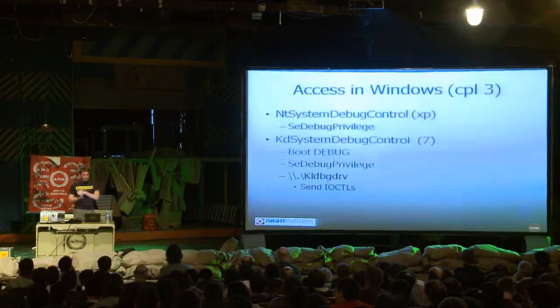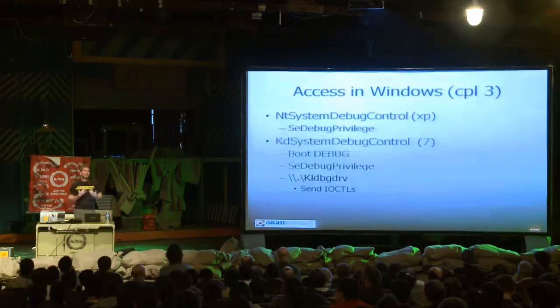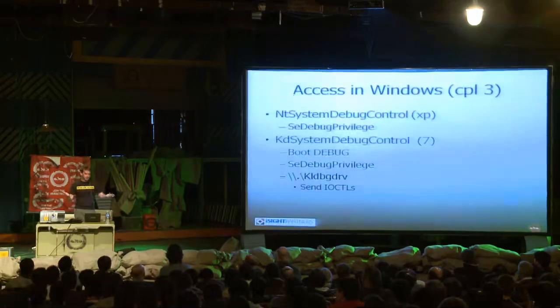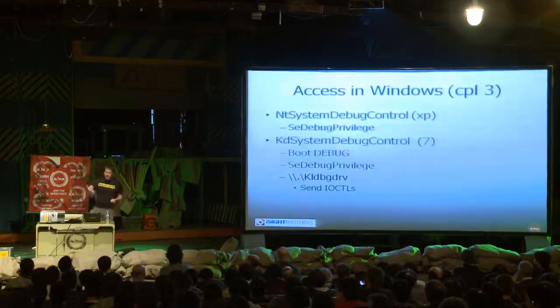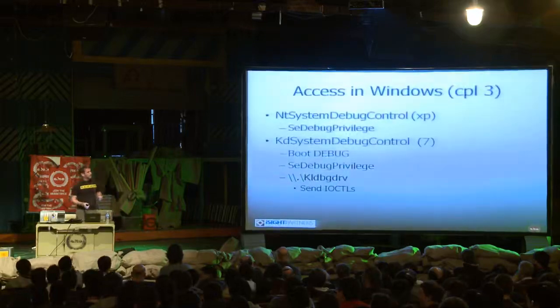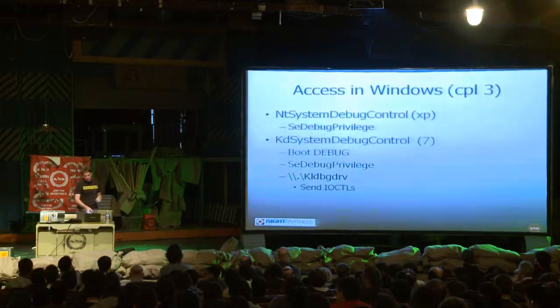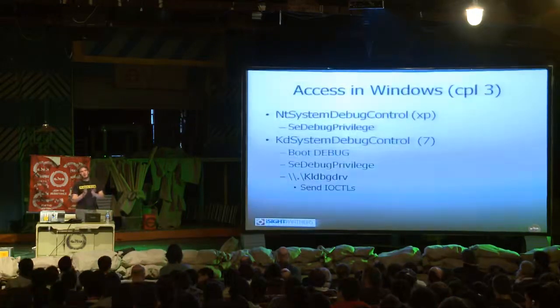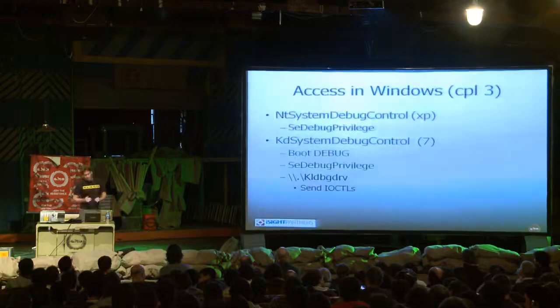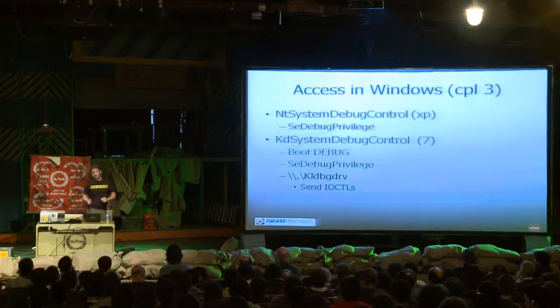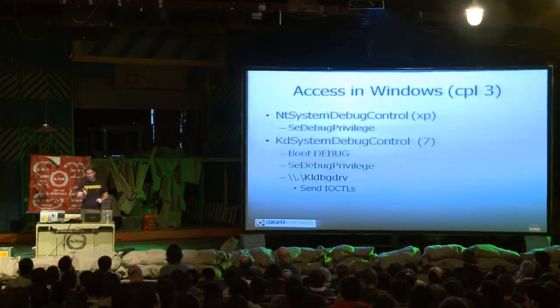So, access in Windows. I use Windows a lot. I make money in Windows. I'm sure you can all imagine. To access MSRs from CPL 3, ring 3, userland, whatever you want to call it, there are certain ways you can do that without having to use those instructions from the kernel.